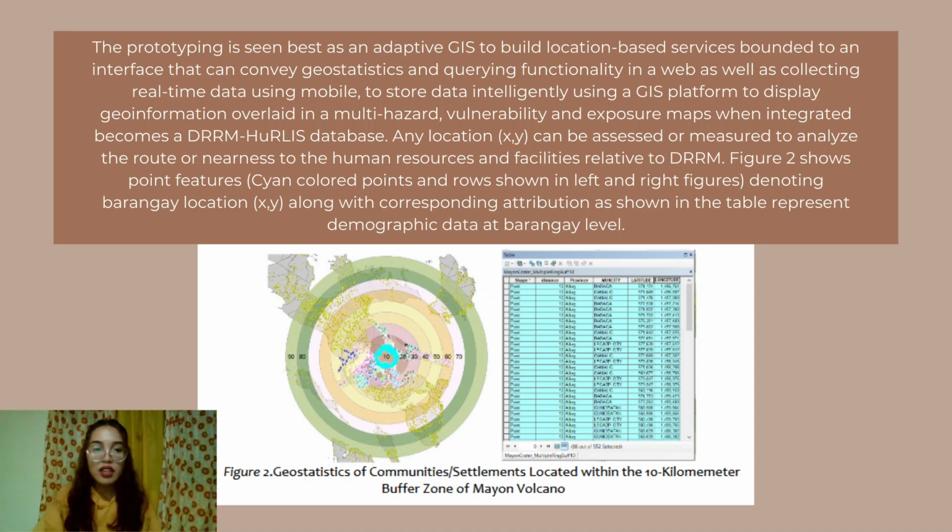Any location, XY, can be assessed or measured to analyze the route or nearness to the human resources and facilities relative to DRRM. Figure 2 shows point features, cyan-colored points and rows shown in left and right figures, denoting barangay location XY, along with the corresponding attribution as shown in the table representing demographic data at barangay level.